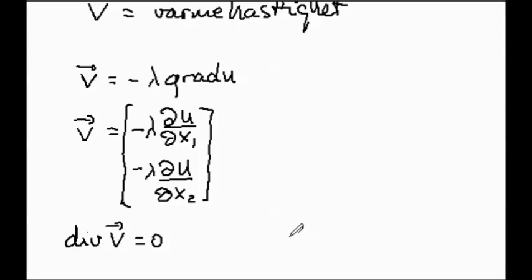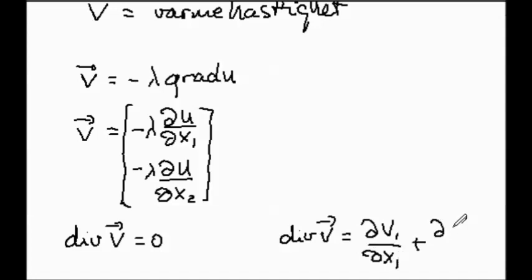We have that divergence of the velocity is equal to the sum of the partial derivative of the first component of V with respect to the first spatial variable plus the partial derivative of the second component of the velocity V with respect to the second spatial coordinate x2.